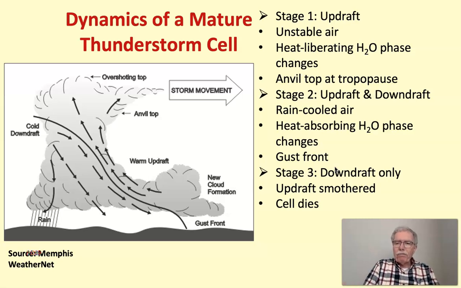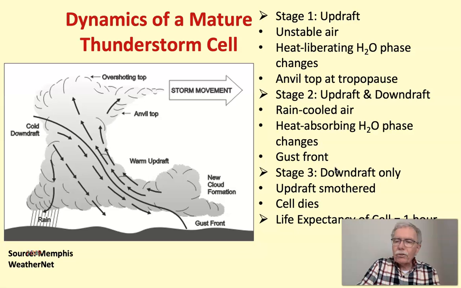When you turn off the hot air fan, the whole thing just kind of collapses down to the ground. And this whole process lasts about an hour. So thunderstorm cells go up, do their thing, and die in about 1 hour.